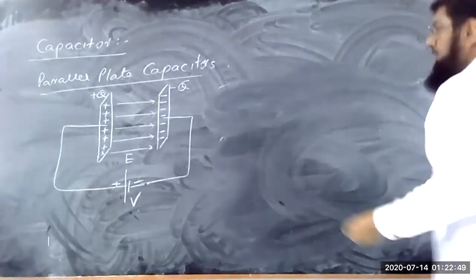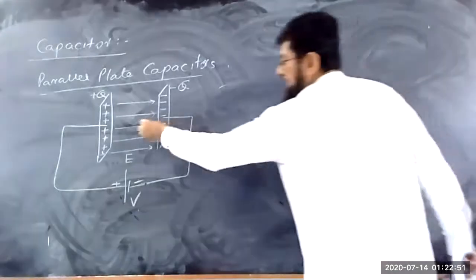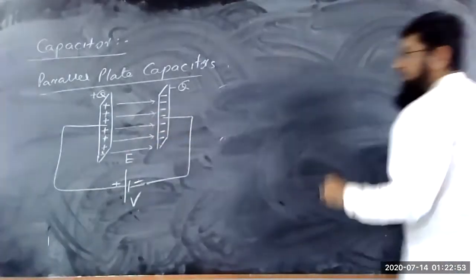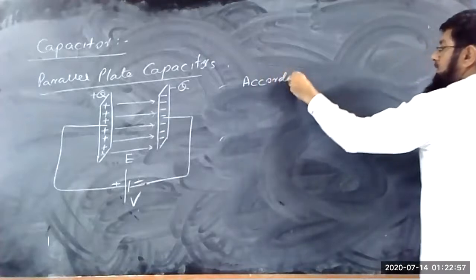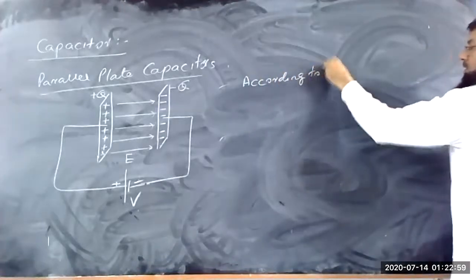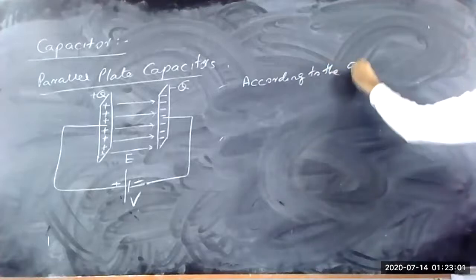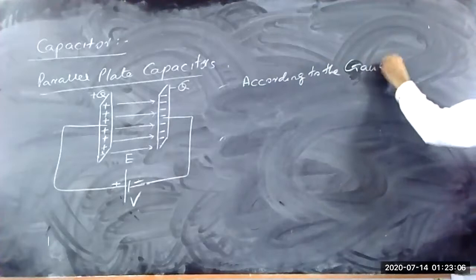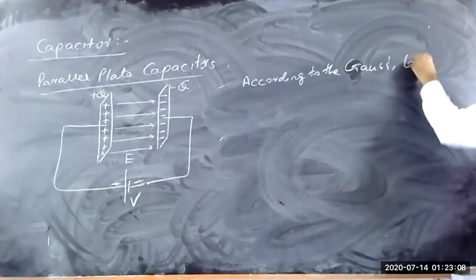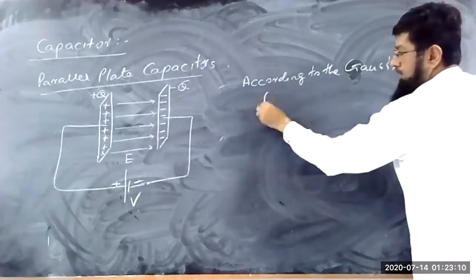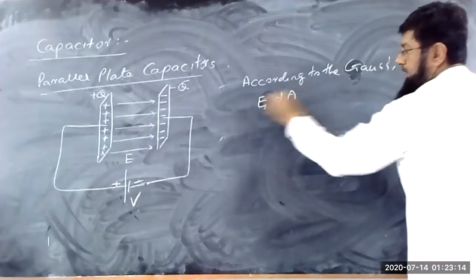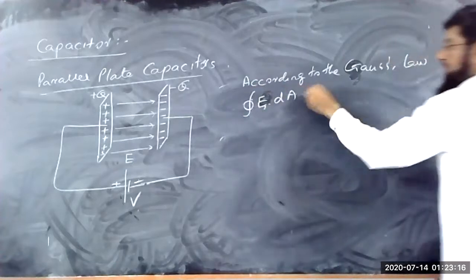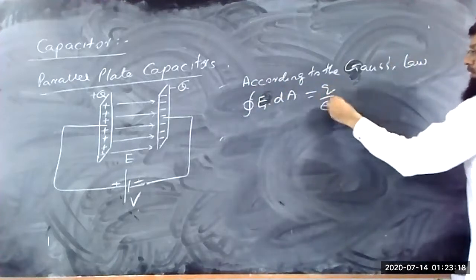Here, the electric field between the plates, according to Gauss's law, the electric line of force passing through a unit area is equal to Q upon epsilon naught.